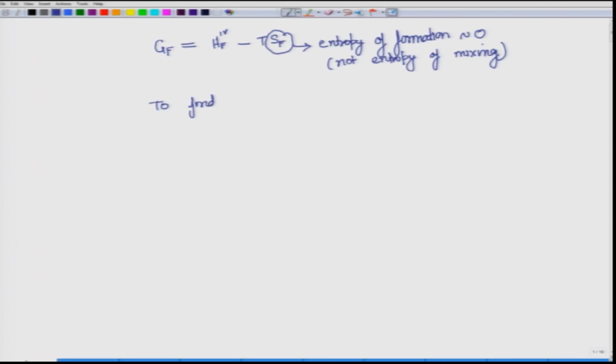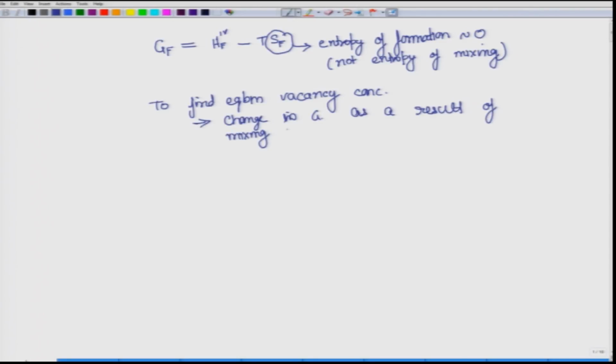So, what we need to find is the equilibrium vacancy concentration. So, we need to find the change in G as a result of mixing n vacancies. Let us define some numbers.